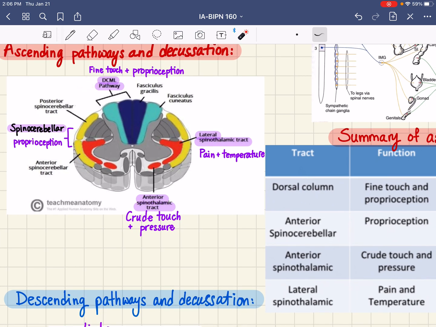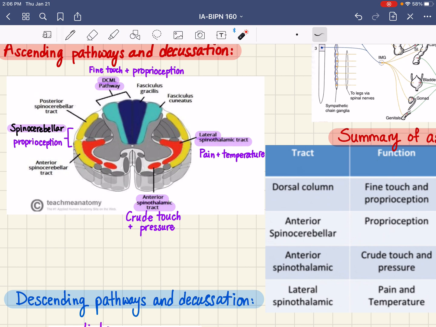I've highlighted it in purple. This tract carries sensory information that pertains to fine touch and proprioception. On this lateral side, we have the spinocerebellar tract, and this carries information only for proprioception.